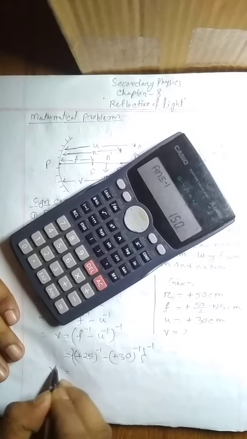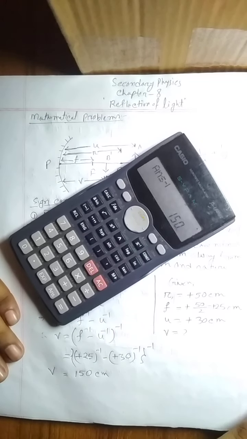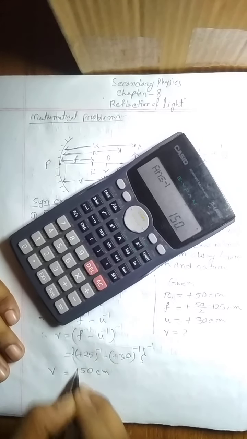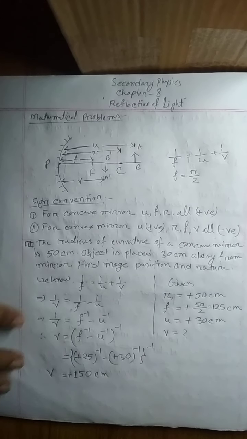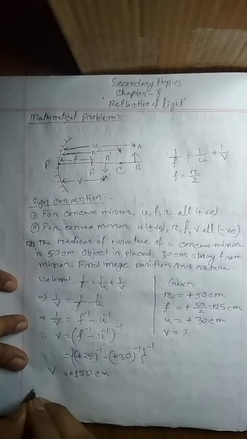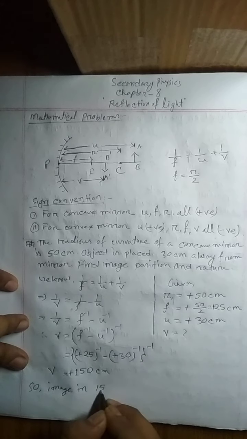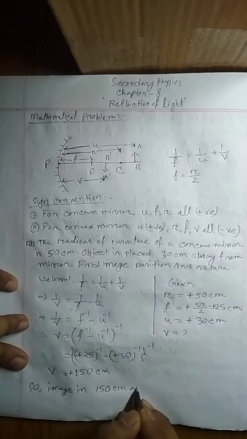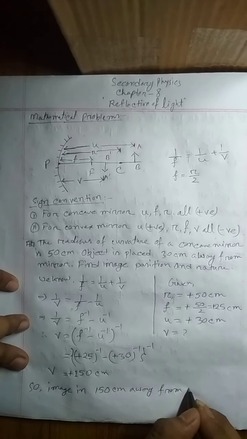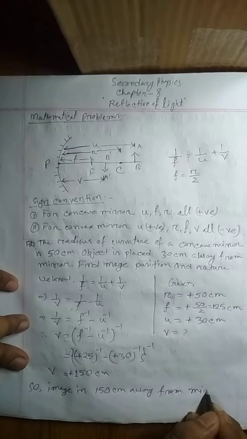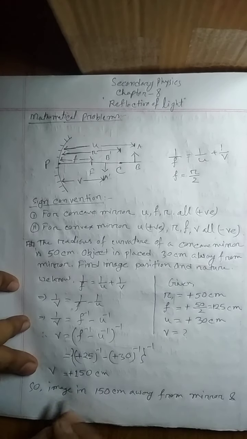So v is equal to 150 centimeter. The result is positive, so we can write: the image is 150 centimeter away from the mirror, and this is plus.